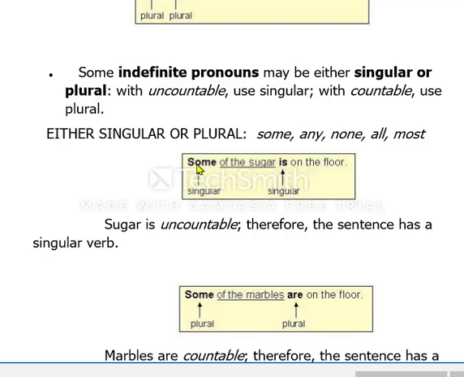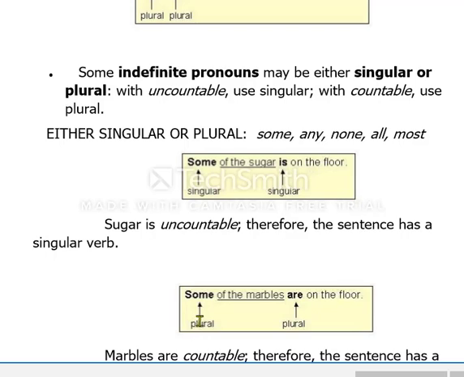So now come towards the third rule. Compound subjects joined by and are always plural. What are compound subjects? A subject like a pencil and an eraser.